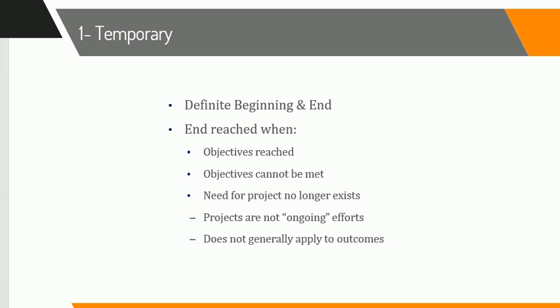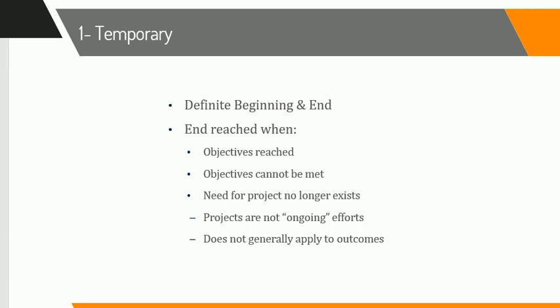When we are talking about any project that is temporary, it should have a definite beginning and some middle processes, and it should end on a positive note, with a product or service or a result. But the end can be reached in different ways.